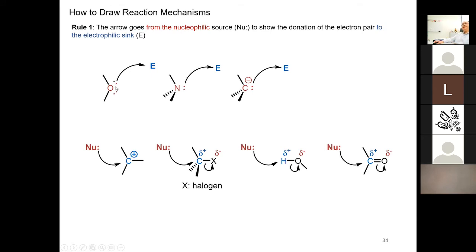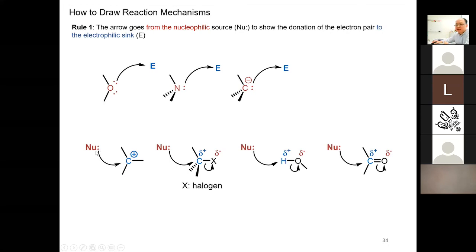Okay, so an oxygen lone pair nucleophile donates a pair of electrons, with a full arrow, to the electrophile. Nitrogen, right? A carbon anion, okay, to the electrophile. And if you have a nucleophile and an electrophile, for example, this carbocation, the nucleophile has a lone pair.